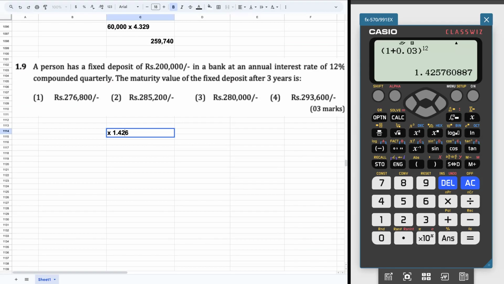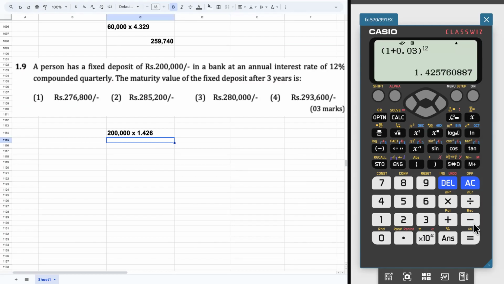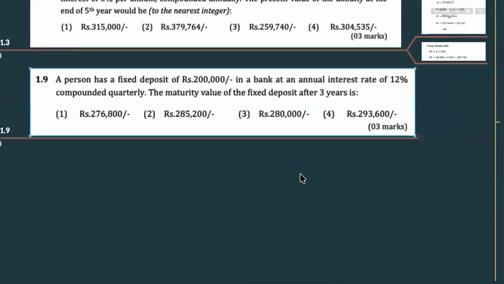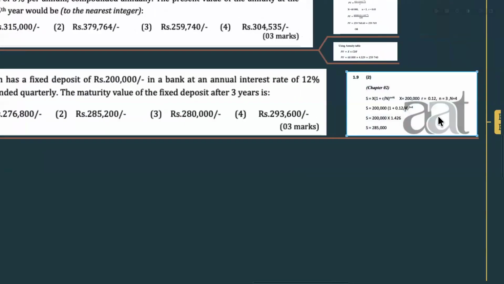So this is what we have to multiply by this 200,000. So 200,000 into 1.426 gives 2,85,200. So that's going to be the answer. Normally they will take the 3 digits only. They're not going to expect you to calculate very accurately. So the answer is going to be the second one, right? Second one is the answer.